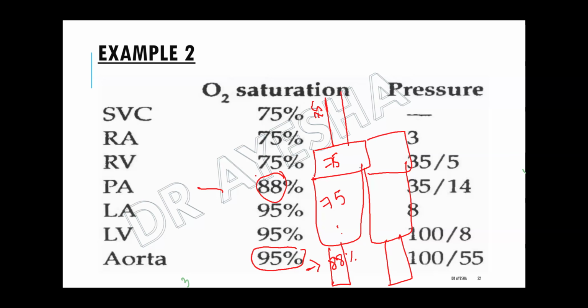On the other side, LA and LV saturations are normal. Very good. And the pressure is normal in RA. The RV pressure is raised. Very good. This should be around 25.